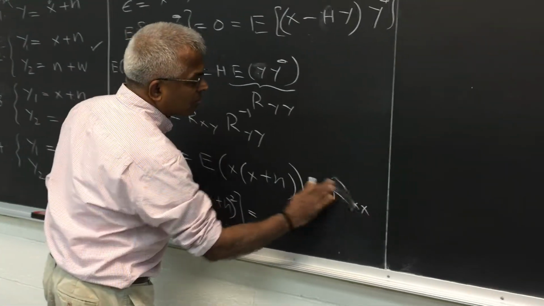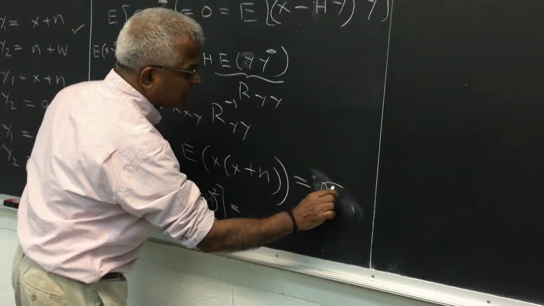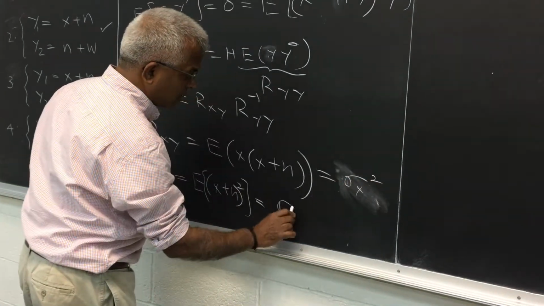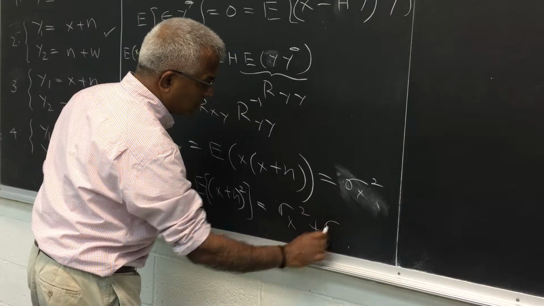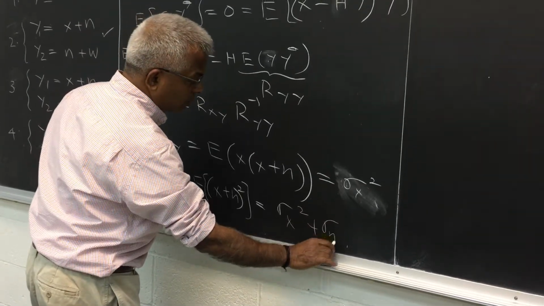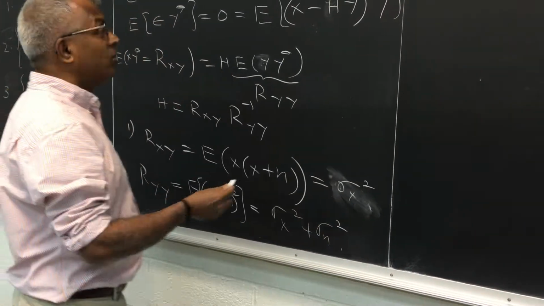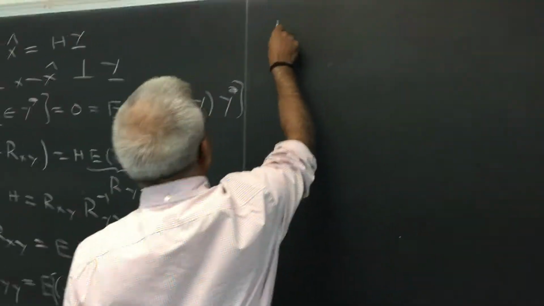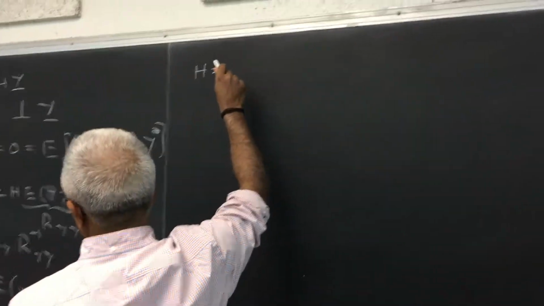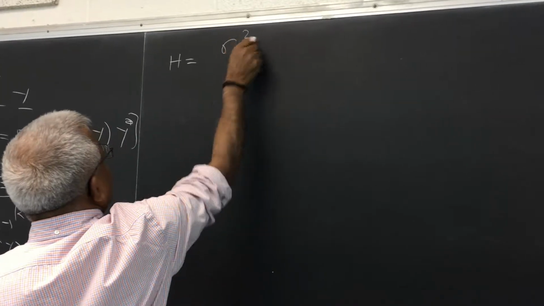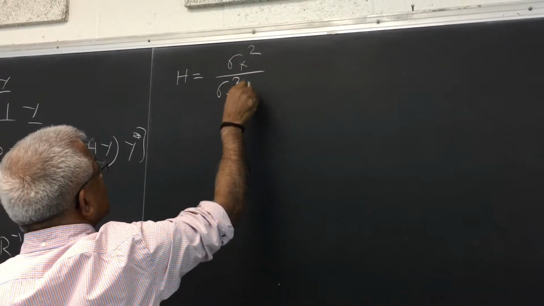This is a scalar case, so I'll simply write it as sigma x squared plus sigma n squared. So in this case, the estimator h turns out to be sigma x squared over sigma x squared plus sigma n squared.